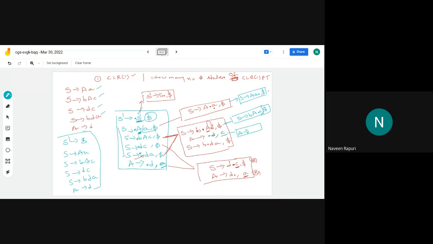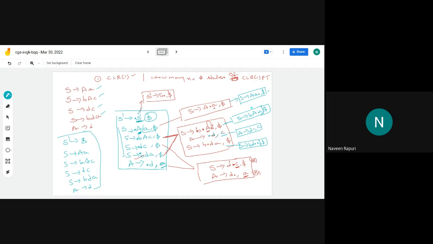A derives D dot, comma C. And by expanding this one, S derives BD dot A, comma dollar. It is not completed.